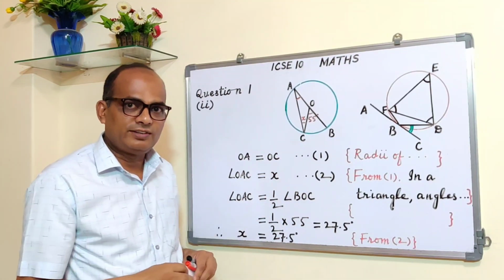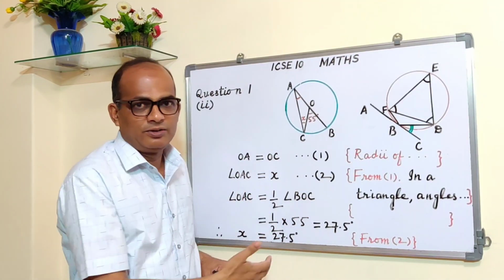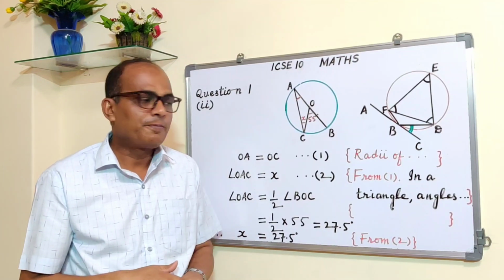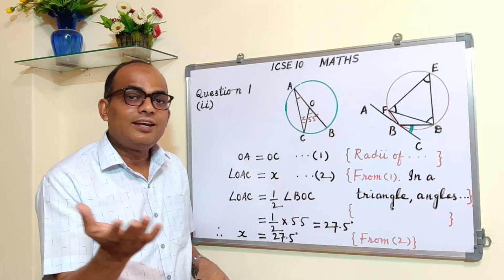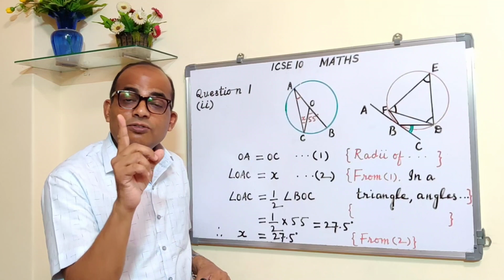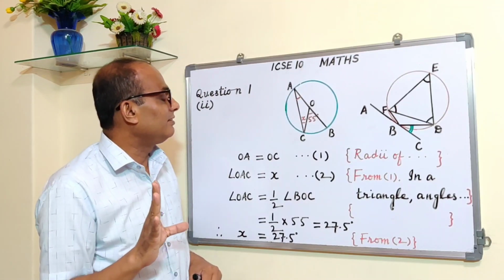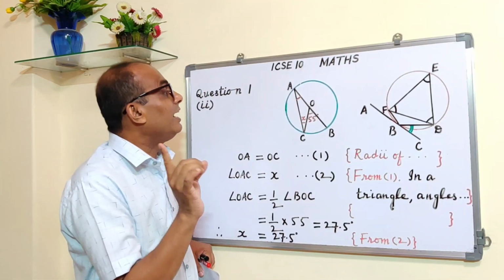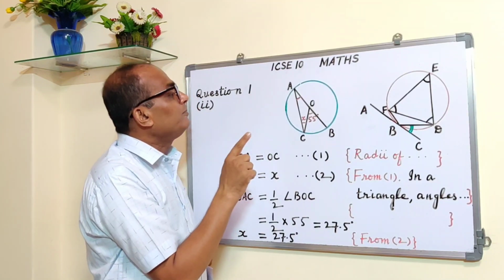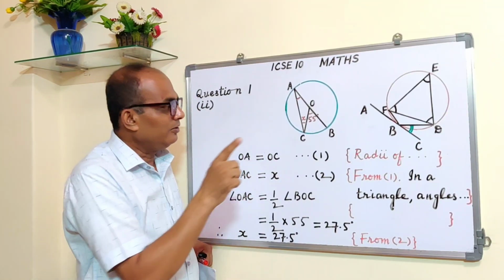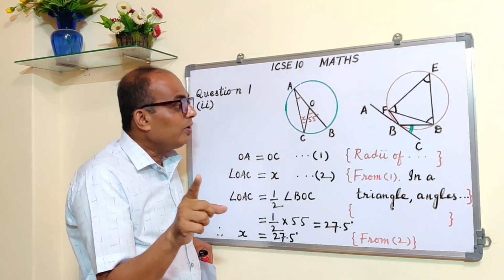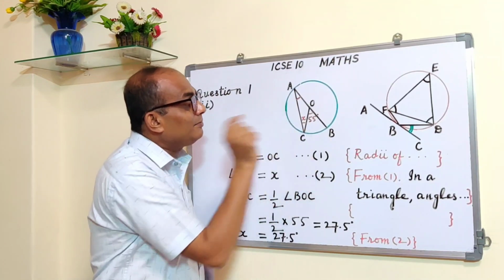And if the same question is asked for 2 marks, then you have to write down a few steps. In fact, I can tell you the same question we can ask for 3 marks also if we increase one sub question. What is that sub question? First sub question, find out the value of x. Second sub question, find angle ACB.